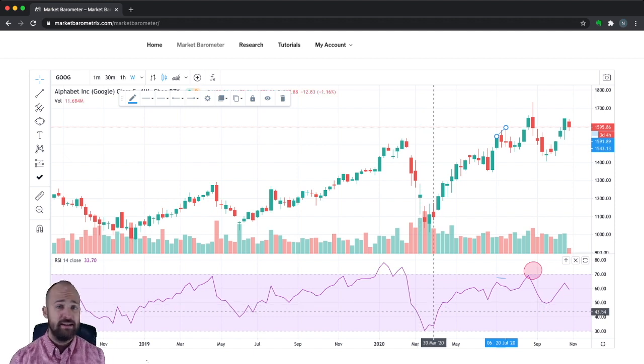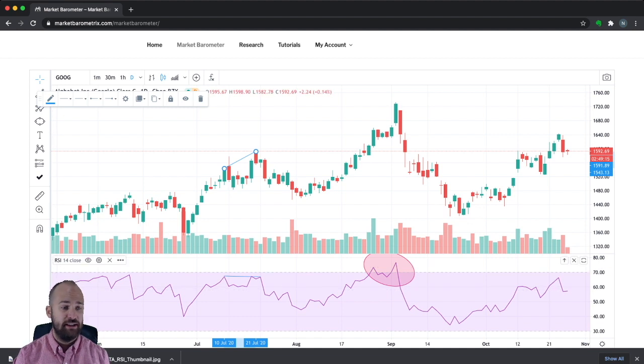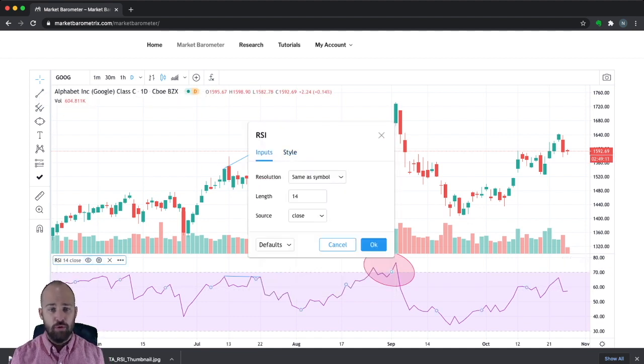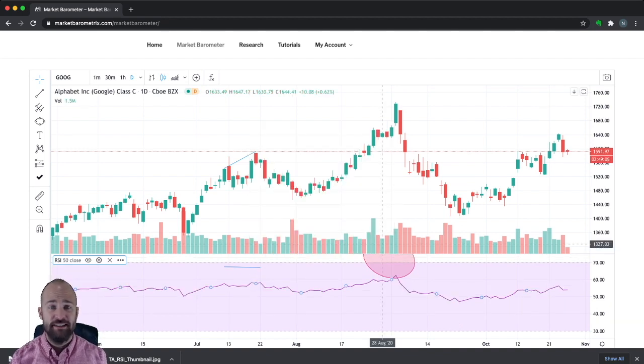So we still have to be thinking about the fact that the RSI is only going to be considering the last 14 periods, but now it will be looking at 14 weeks instead of 14 days, giving us a longer term horizon. And obviously you always have the option to just adjust the look back period to extend this out to more days or more weeks, or whatever you think is going to be most applicable to the type of analysis you're trying to perform and the time frame that you're trying to perform it on.